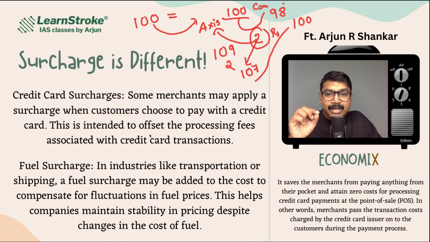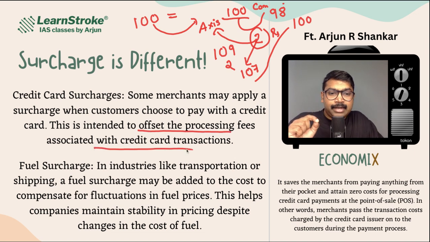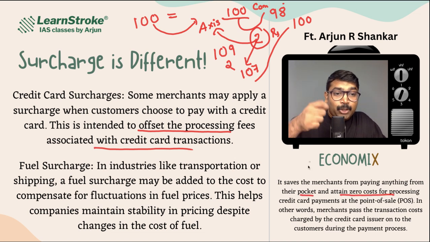That means this is intended to offset the processing fee associated with the credit card. It saves the merchant from paying anything from their pocket and attains zero cost for processing the card. So the processing fee becomes zero. In other words, the merchants pass the transaction cost charged by the credit card to the customer.